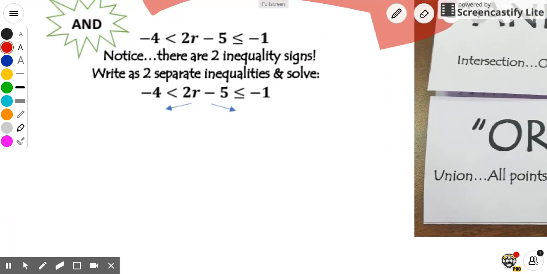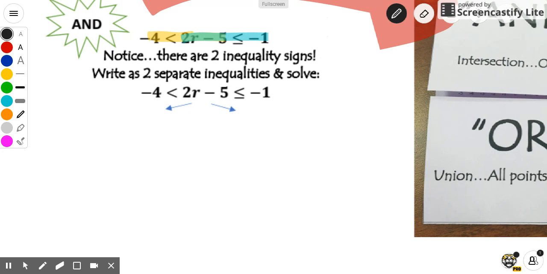Notice that when you're doing this, there are actually two separate inequality symbols. There is this part right here, and then we've got this one right here. So we've got the middle part actually twice. What we're going to do is write down the two inequalities that this represents.